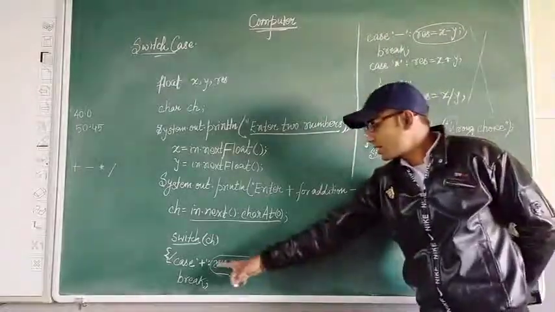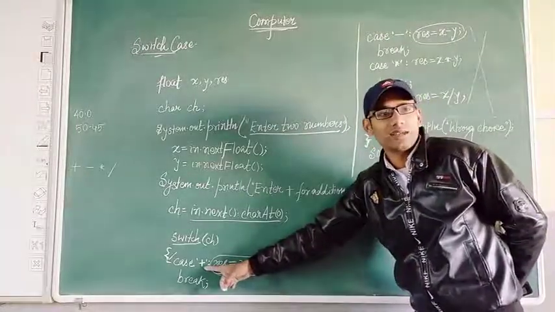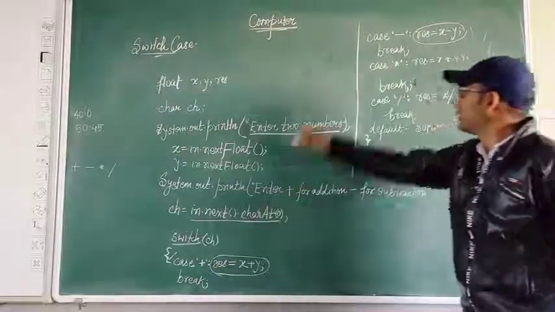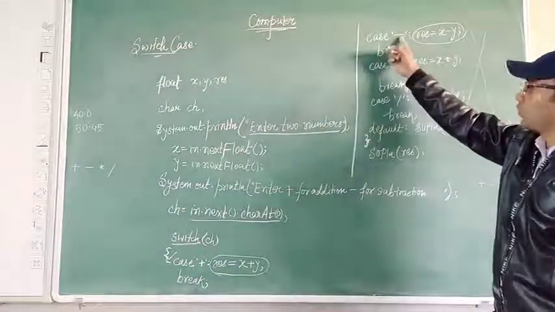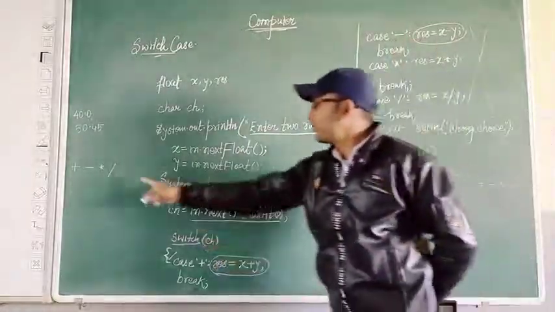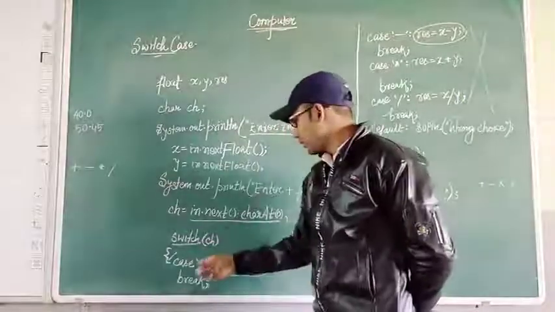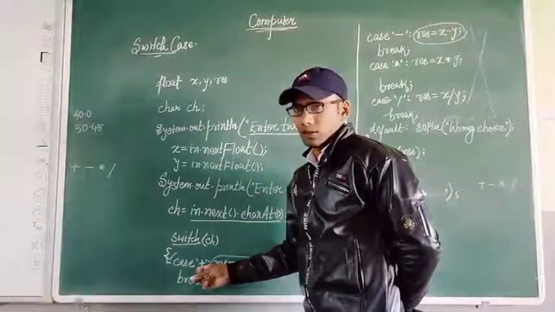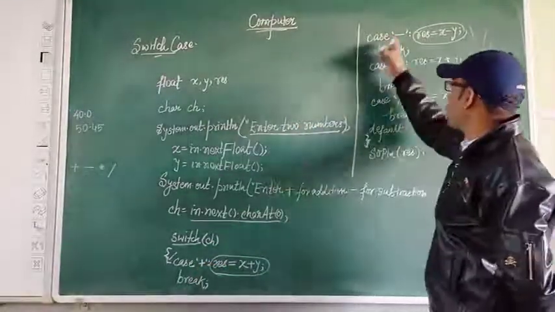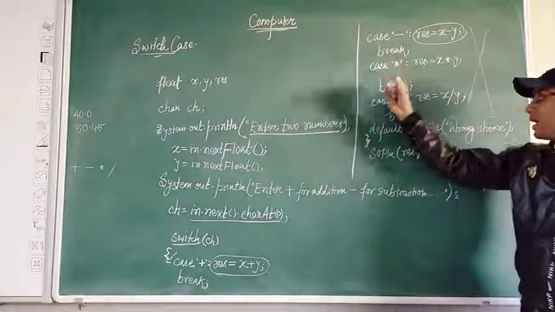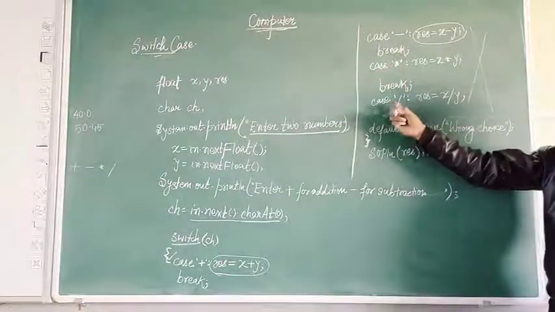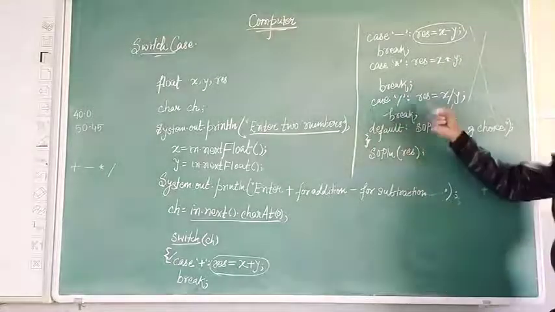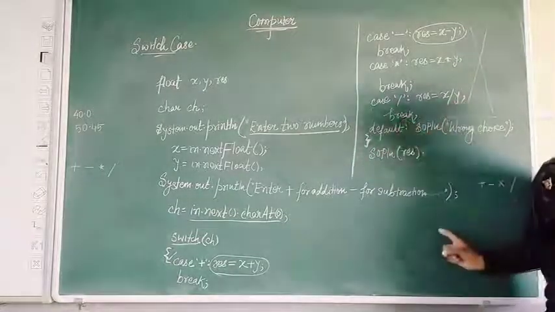Over here, the target was not fulfilled, the negative sign doesn't match this sign, then the compiler moved to the next sign. Let's suppose the user gave this sign, then it will match first with this sign, not same, this sign, not same, this sign, not same. At the end, it will find that this sign matches with this sign. So this part will be done, break, it will come out.